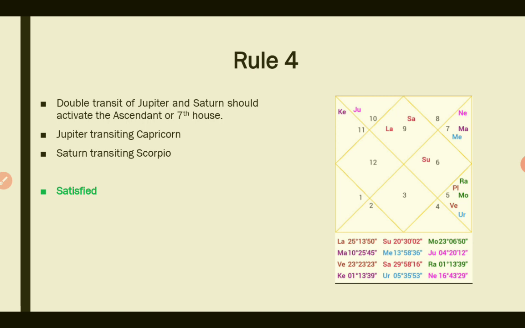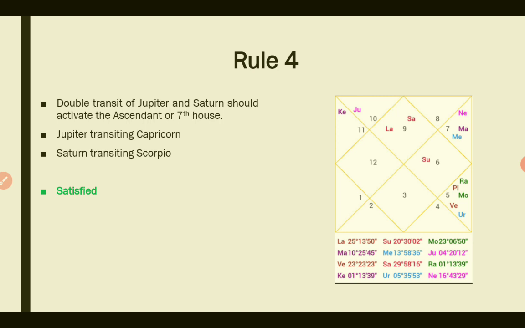The natal Jupiter, which is the ascendant lord of the native, is placed in Capricorn. So the transiting Jupiter is transiting over its natal ascendant lord. The first part is clear.